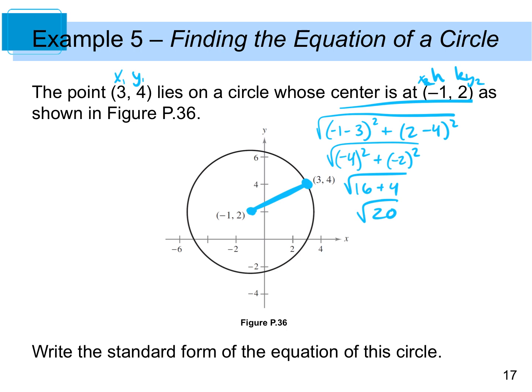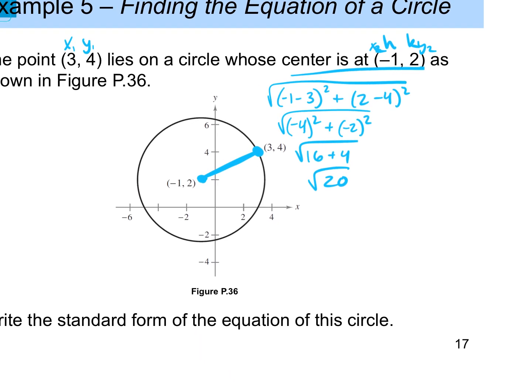Typically, if I was just giving my answer as the distance, I'd want to simplify this, but because we're plugging it into the formula, I'm not going to simplify it, and you'll see why in a second. We're going to plug it into our circle formula. Our circle formula is (x minus h) squared plus (y minus k) squared is equal to r squared. Because it's equal to r squared, we're going to end up squaring this because this is just r.